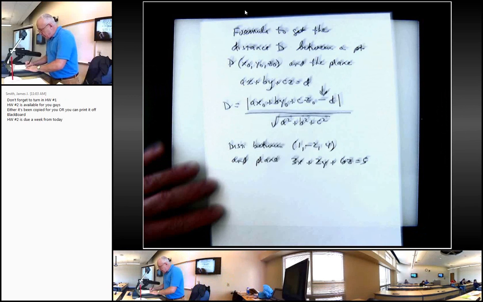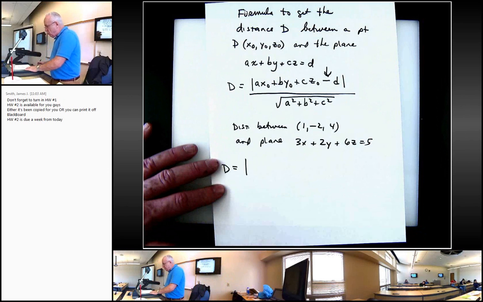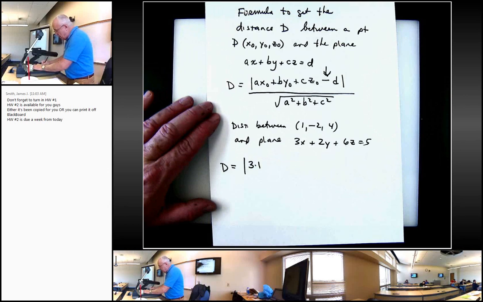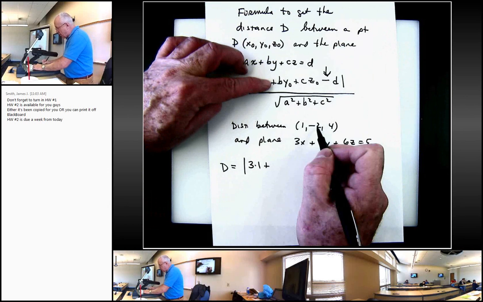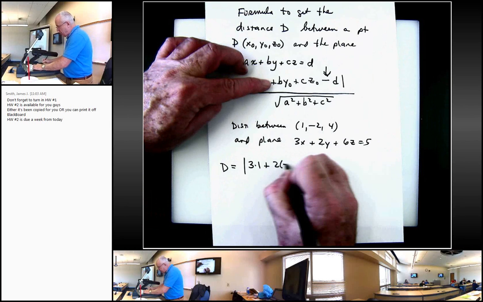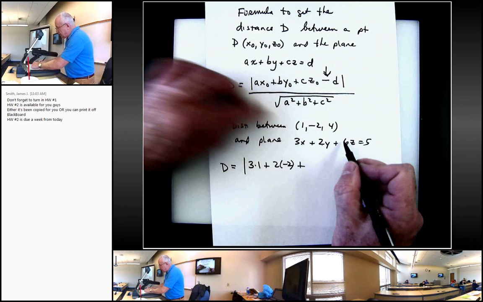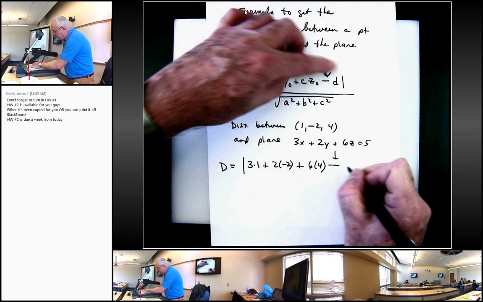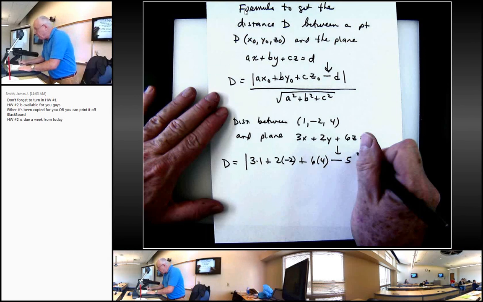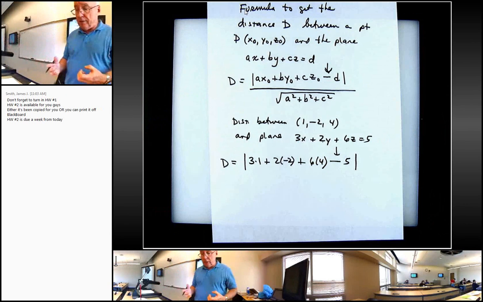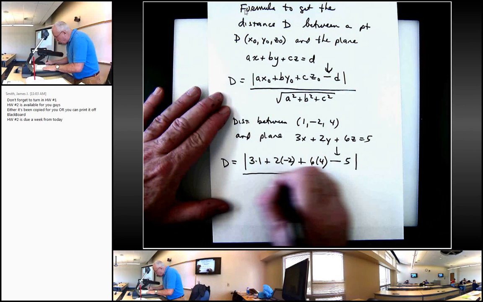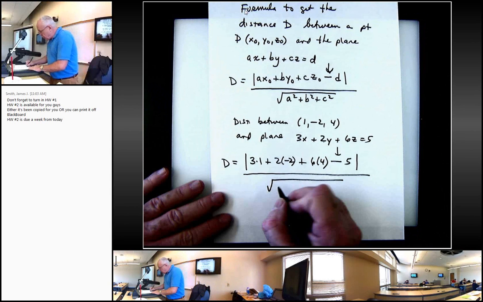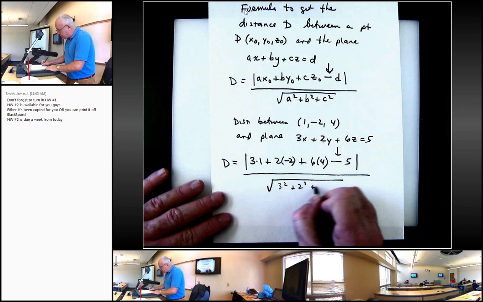Capital D equals the absolute value of the x coefficient times the x value, 3 times 1, plus the y coefficient times the y value, 2 times -2, plus the z coefficient times the z value, 6 times 4, and then minus the d value that's over on the other side, all over the square root of the squares of the plane coefficients: 3 squared plus 2 squared plus 6 squared.